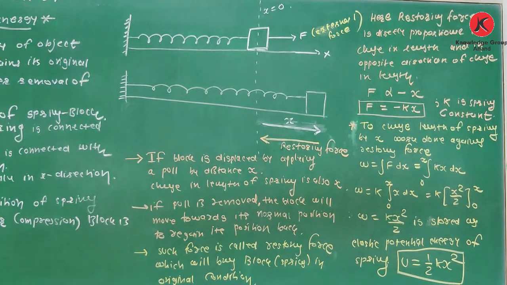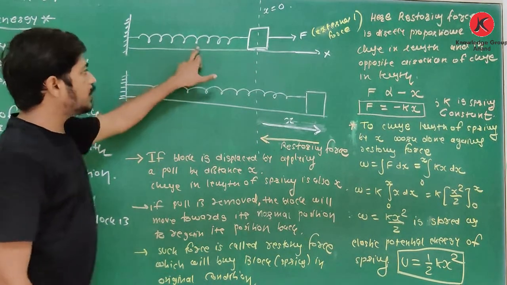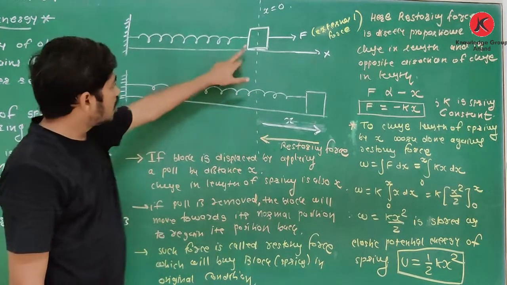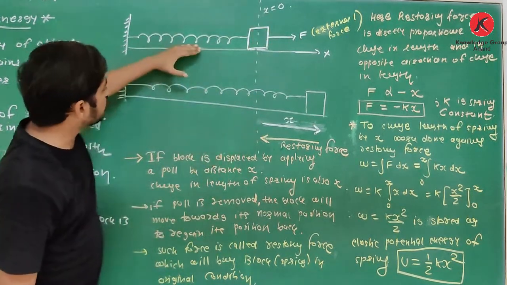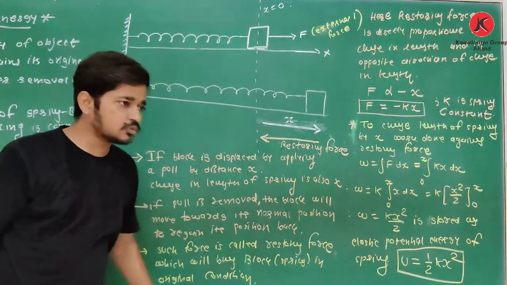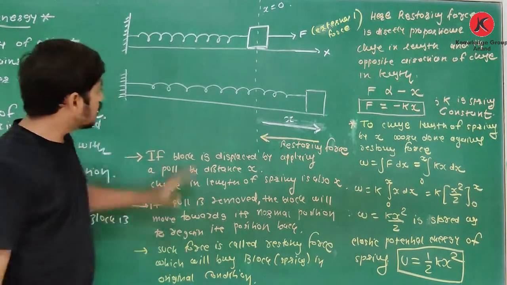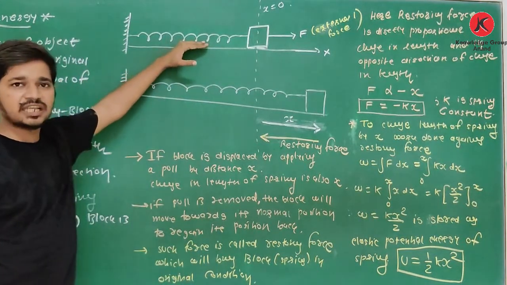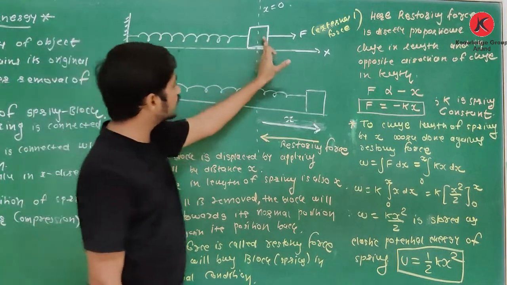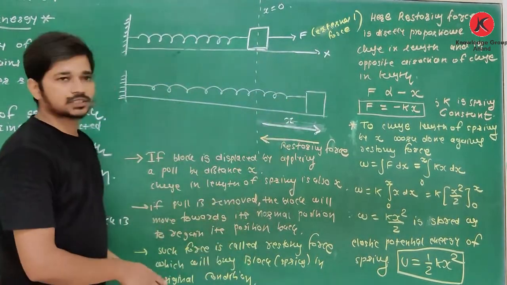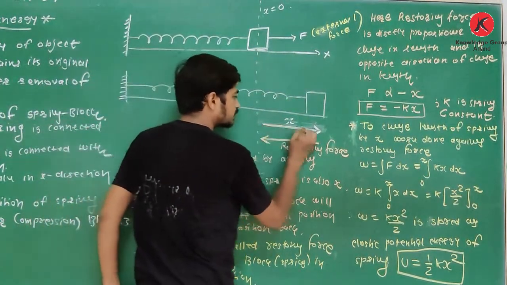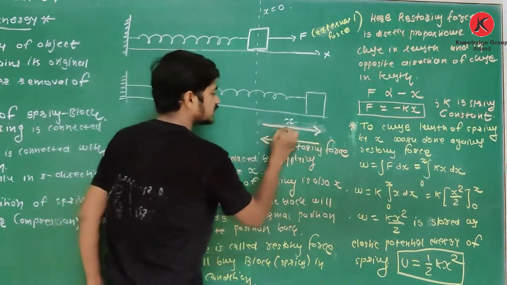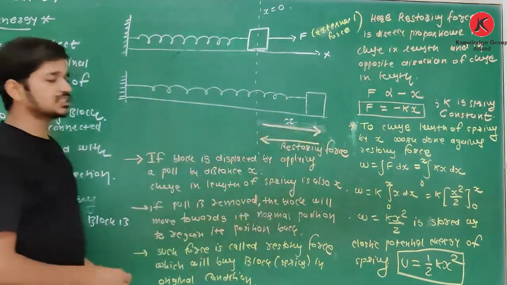Again, we will repeat this topic. See, a spring and block. The block is at x is equal to 0. This spring is not in extension or compression, so there is no change in length. Now if this block is displaced in this direction by applying some external force, the change in length of the spring is in this direction.